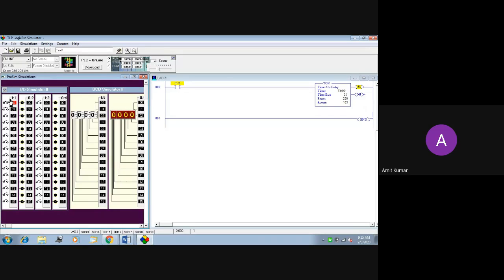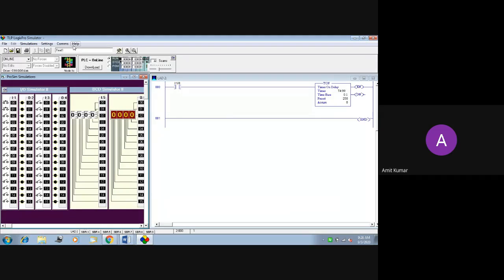When the value reaches the preset of 250, your done bit will become high. Now you can see the done bit is high because your preset value has become equal to the accumulator value. So if both are equal, your done bit will be high. That is the use of the done bit.